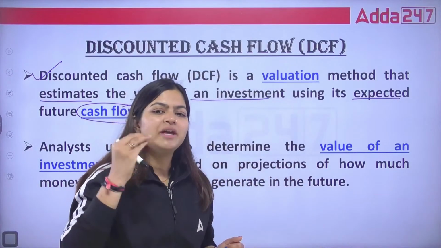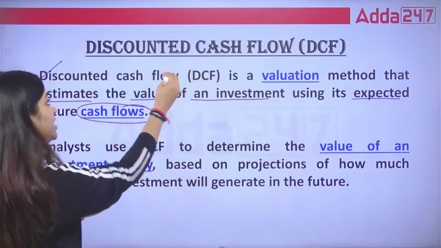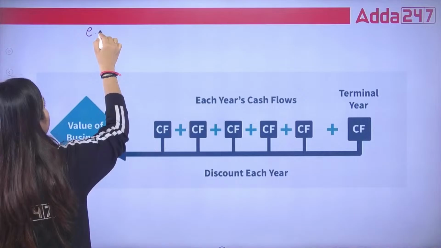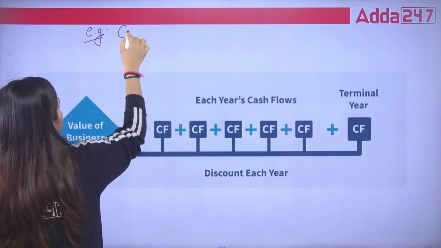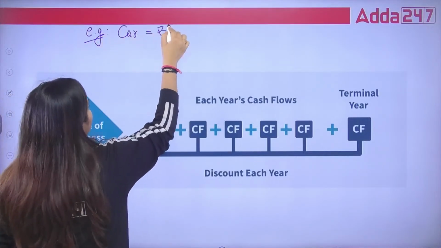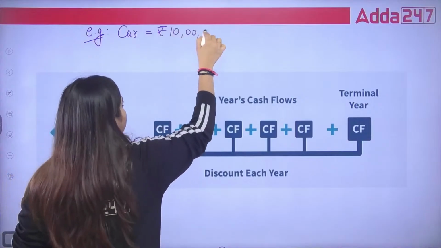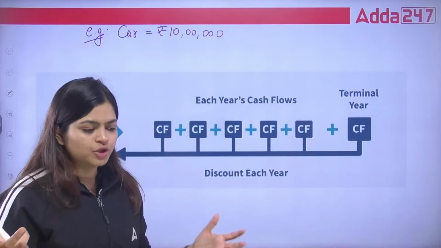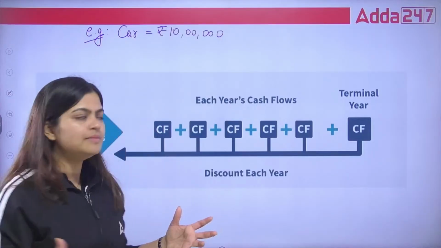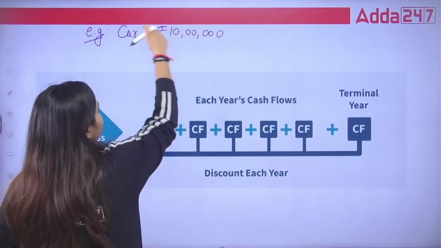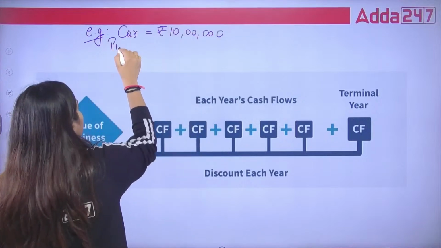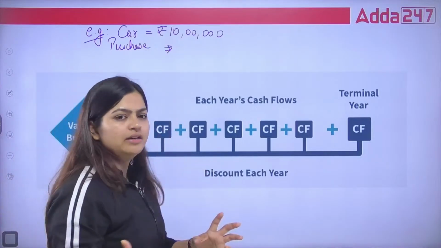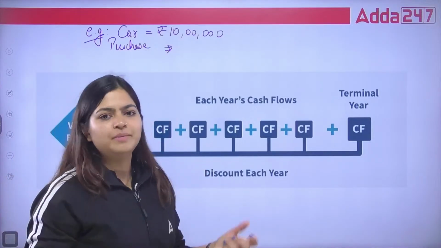Okay, so let me give you one example before I explain this particular discounted cash flow. See, suppose today I am purchasing one car for rupees 10 lakhs. Yes, and if I ask you, because you have the good knowledge about the cars, about their income sources, so I asked you that if I purchase today car by paying 10 lakh rupees, so for how many years I can generate the income and what will be my income?